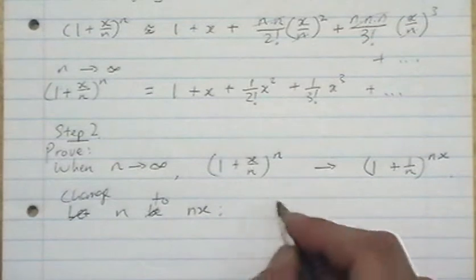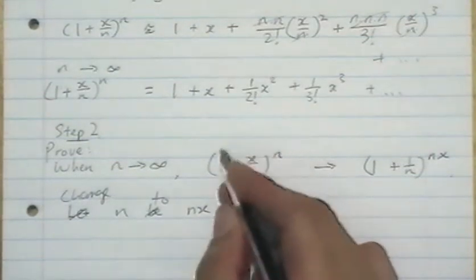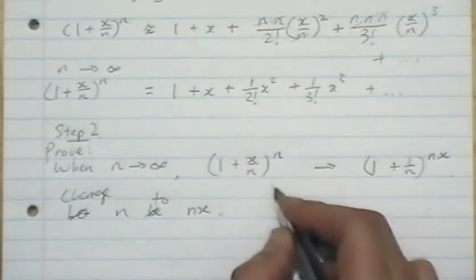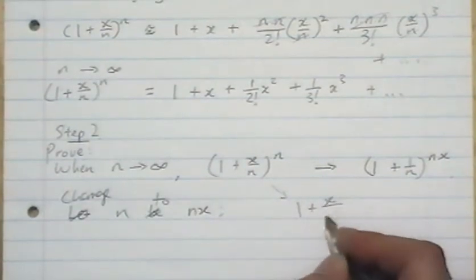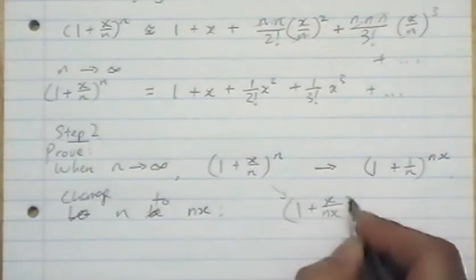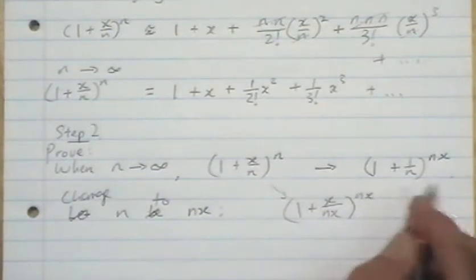Then this expression becomes 1 plus x over nx to the power of nx.